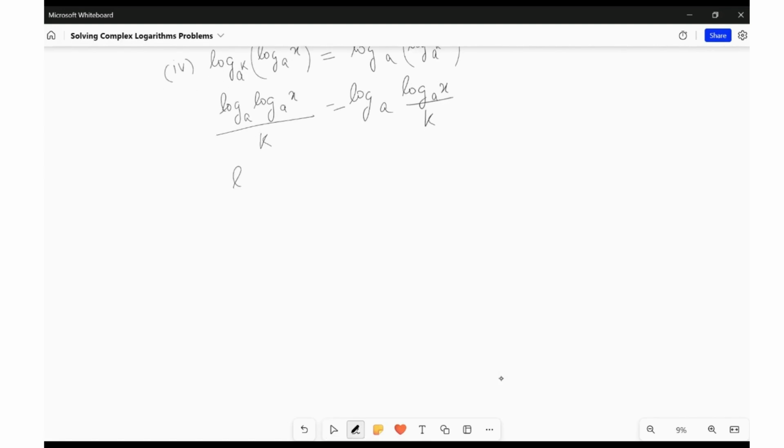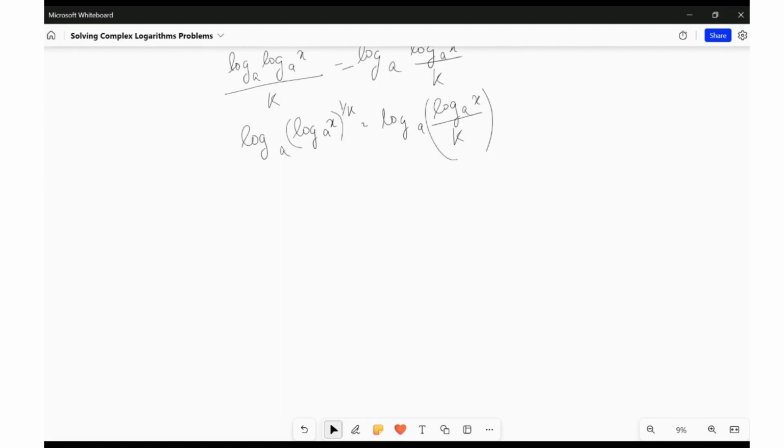Now log of (log x to the base a) raised to 1 by k base a is equal to log of (log x to the base a by k) base a.